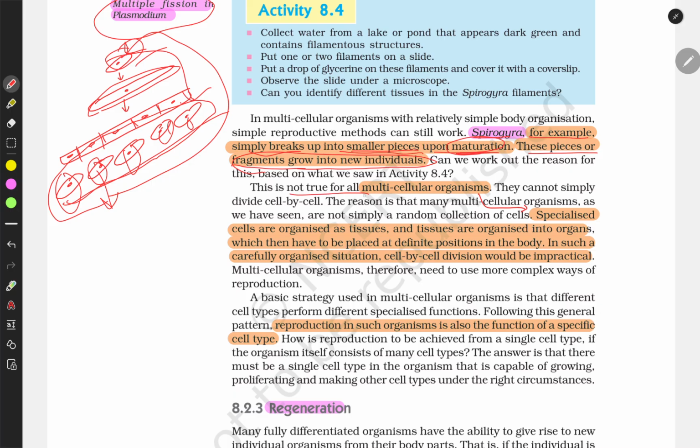This is not true for all multicellular organisms. Multicellular organisms have specialized cells organized as tissues, and the tissues are organized into organs, which then have a place at a definite position in the body.